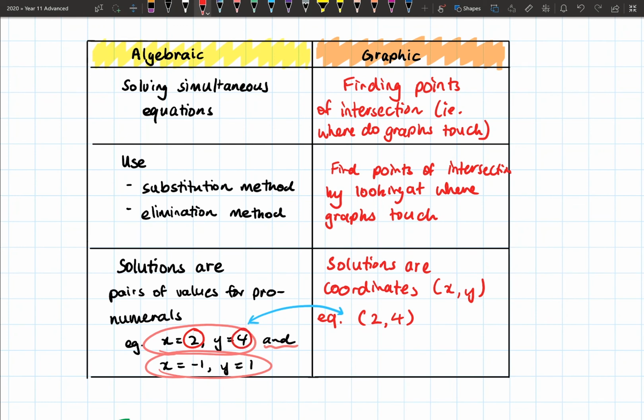So when we're looking at it graphically, the solutions are coordinates. If we do the same for the other set of solutions, we get our other coordinate as -1, 1. Here's a comparison between solving simultaneous equations using algebraic methods and what that means for us graphically, the geometric significance of solving simultaneous equations.